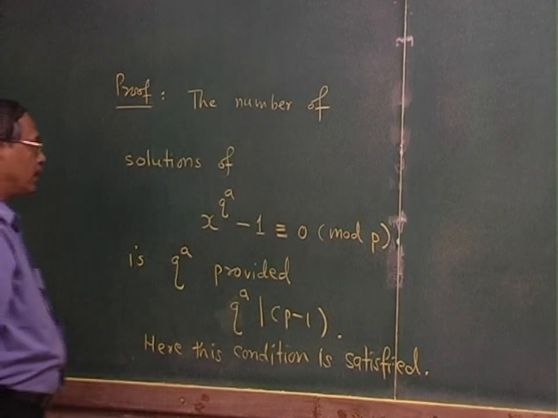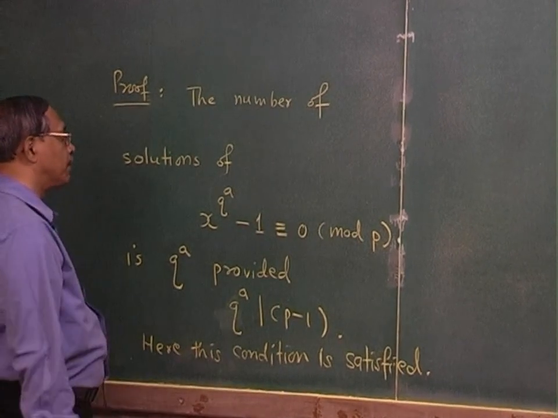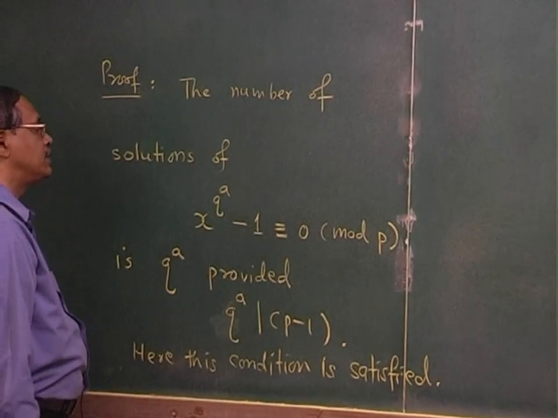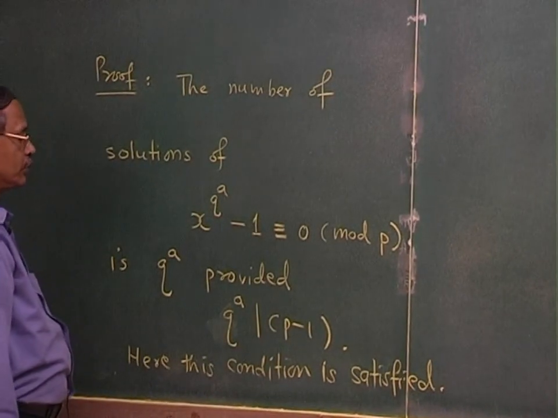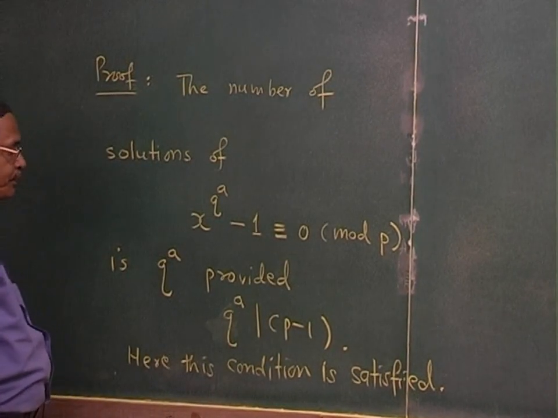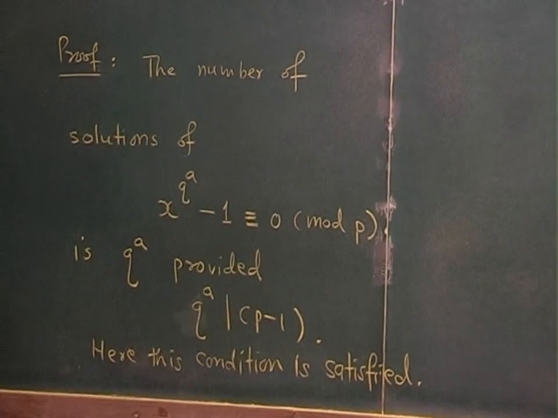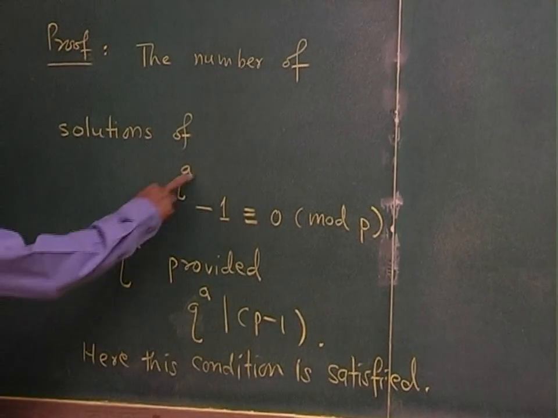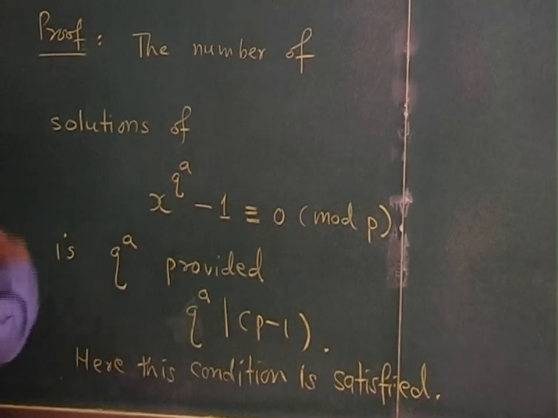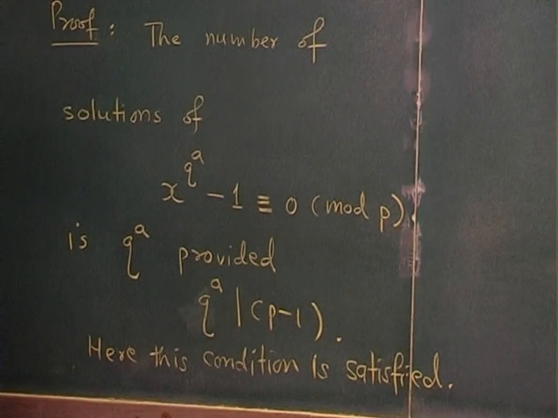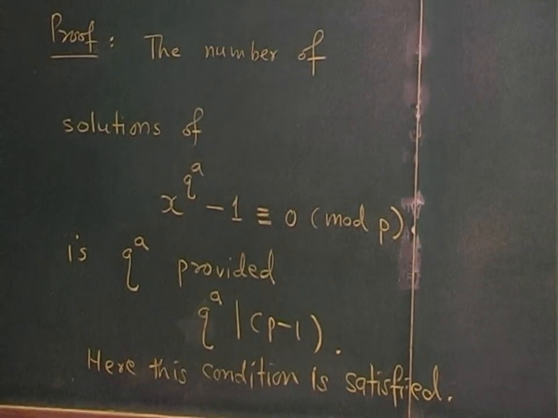Usually for a polynomial congruence, number of solutions is less than or equal to the degree of the congruence. But in this case, when d is a divisor of p minus 1, the congruence has d solutions.